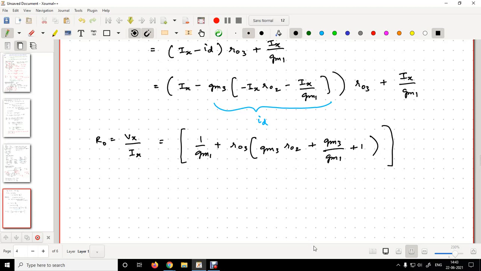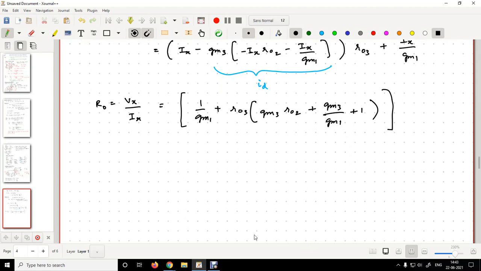This is R naught, and this is the actual formula for R naught, right? But if you take assumptions, the assumptions here are Gm3 R02 is greater than Gm3 by Gm1 and 1.